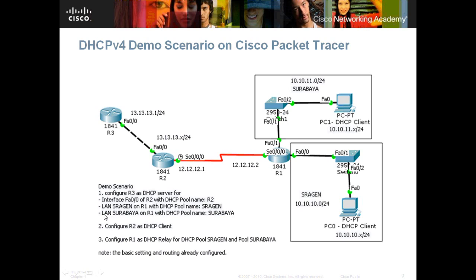The last is the LAN Surabaya. Same as Sragen, we need to configure the DHCP pool named Surabaya, so this client can get a dynamic IP address from the DHCP server.